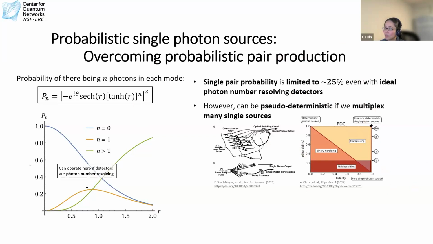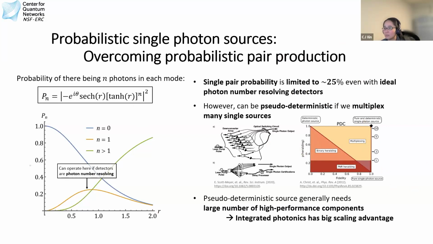Finally, what this means is, just by looking at the system, you see that in order to make this, you need a large number of high performance components. And this sounds like a problem that integrated photonics is dying to solve, basically.